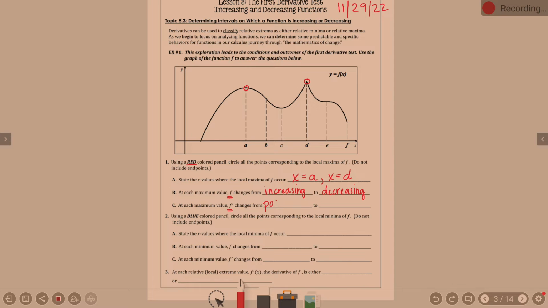So it changes from positive to negative. What's the connection that we are making? We've already talked about this some. A positive first derivative indicates an increasing graph. A negative first derivative indicates a decreasing graph.